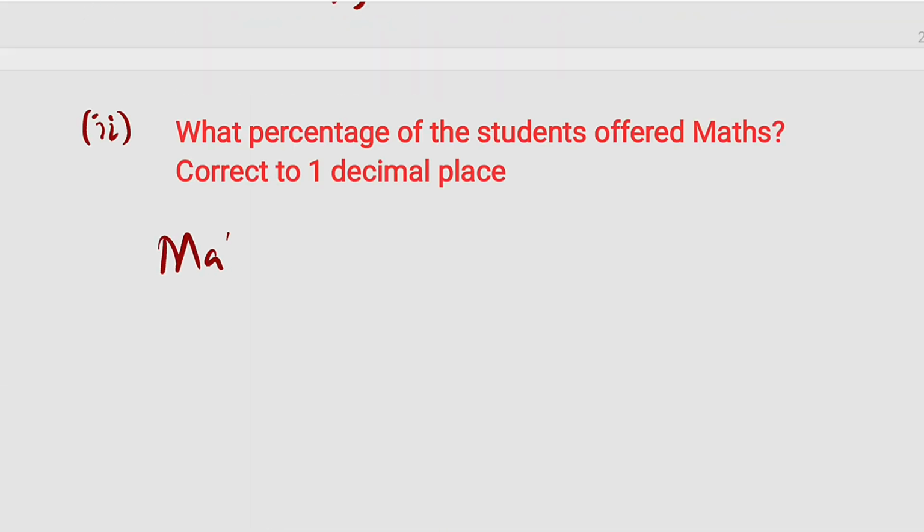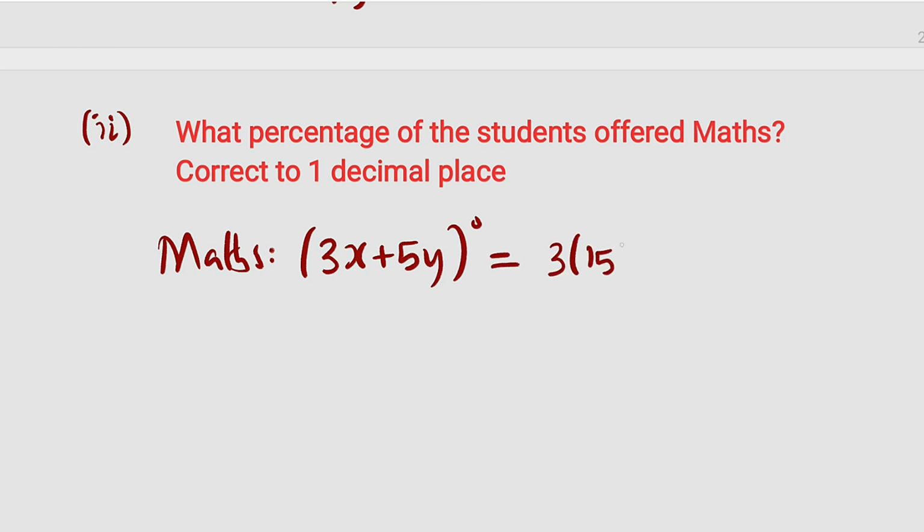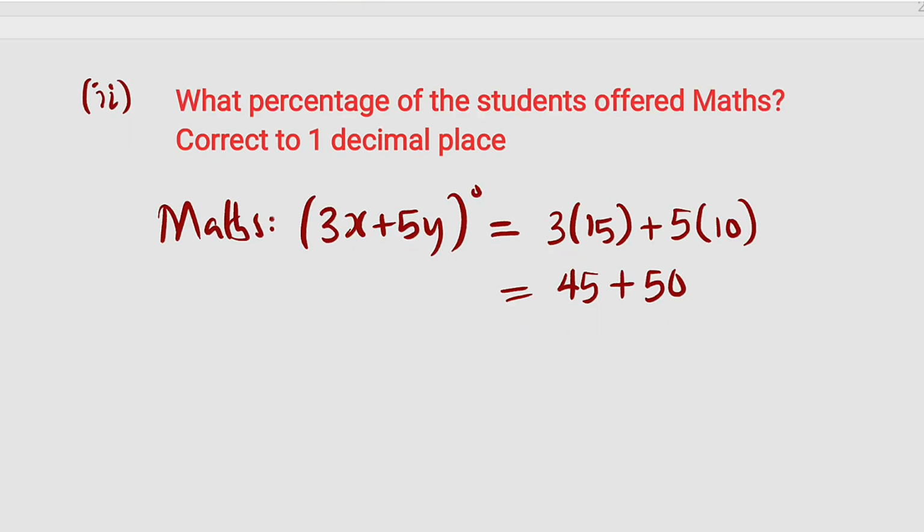Let's simplify this. Remember, x is 15, so we have 3 multiplied by 15 plus 5 multiplied by 10, because y is equal to 10. This is equal to 3 times 15, which is 45, plus 50.